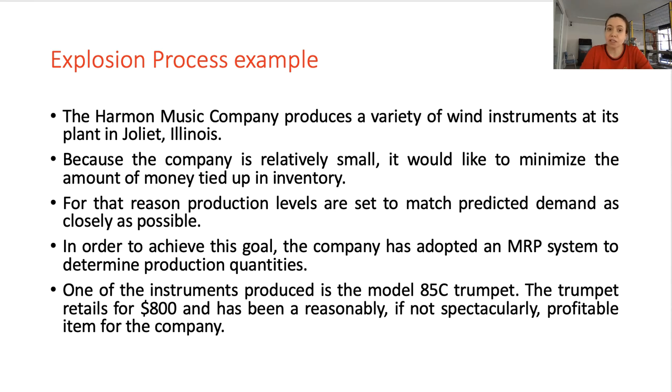In order to achieve this goal, the company has adopted an MRP system to determine production quantities. One of the instruments produced in this company is the Model 85C trumpet, which retails for $800 and is a reasonably profitable item for the company.